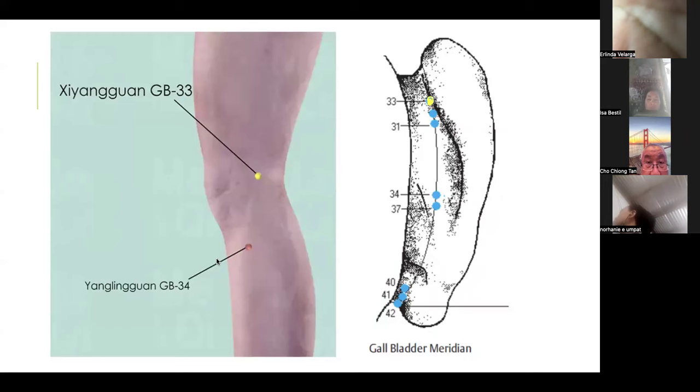Next is GB33. Okay, gallbladder 33 is a useful adjacent point to use that also relaxes the tendons. So do you notice the big leap in the ear, no, from the GB34 to GB33? Okay, what I usually do is I just ask the patient to pull the ear on that area, and you'll be surprised.